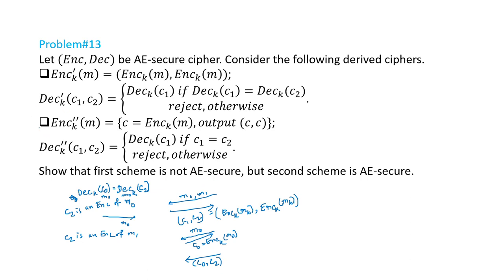What about the second scheme? Here the same kind of attack cannot work, because whenever you see the challenge ciphertext of this form C, C, you cannot change it so that some C comma C dash is there and you get to see the decryption of any one part.